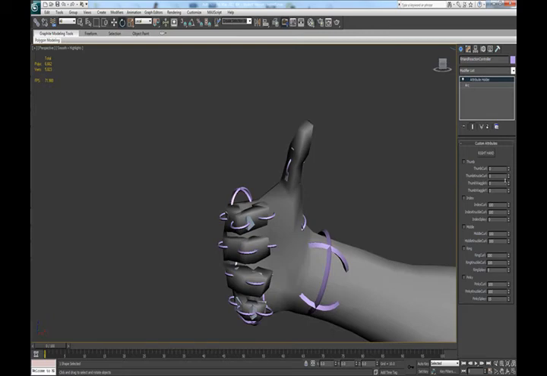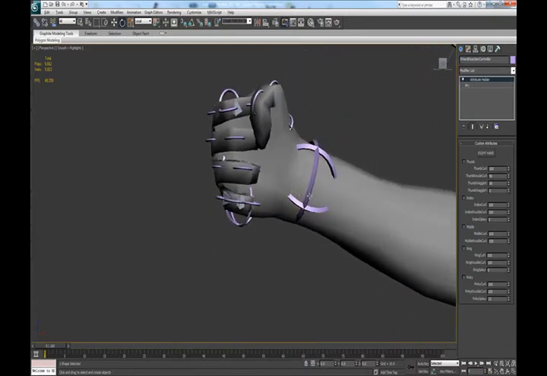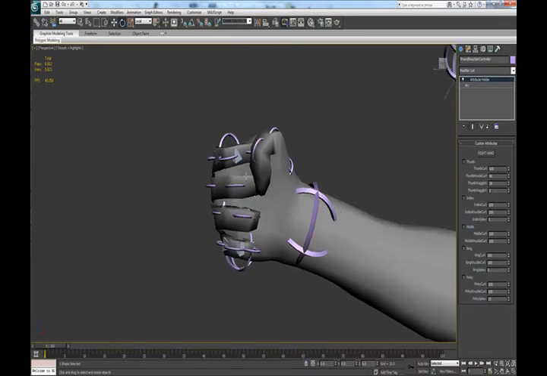Got a relatively decent fist. The problem with the model as well, you can't get the fingers too close together when making the fist.